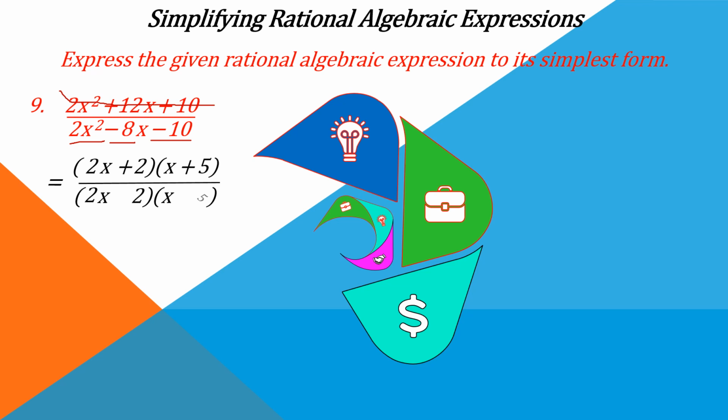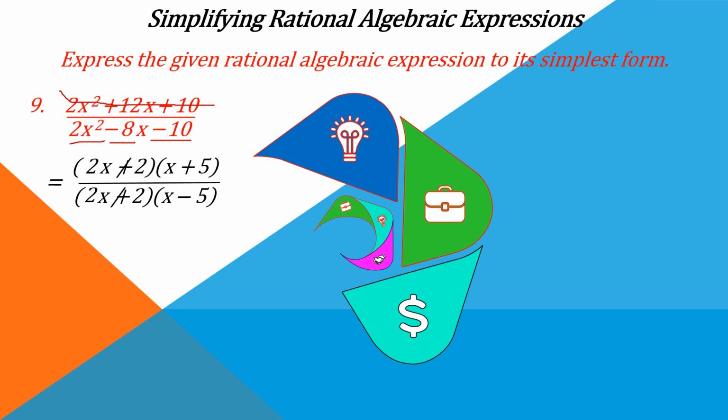So we have 2 multiplied by 5, and the sign of 2 is positive and the sign of 5 is negative. So we have now the factors of the denominator as quantity 2x plus 2 multiplied by quantity x minus 5.